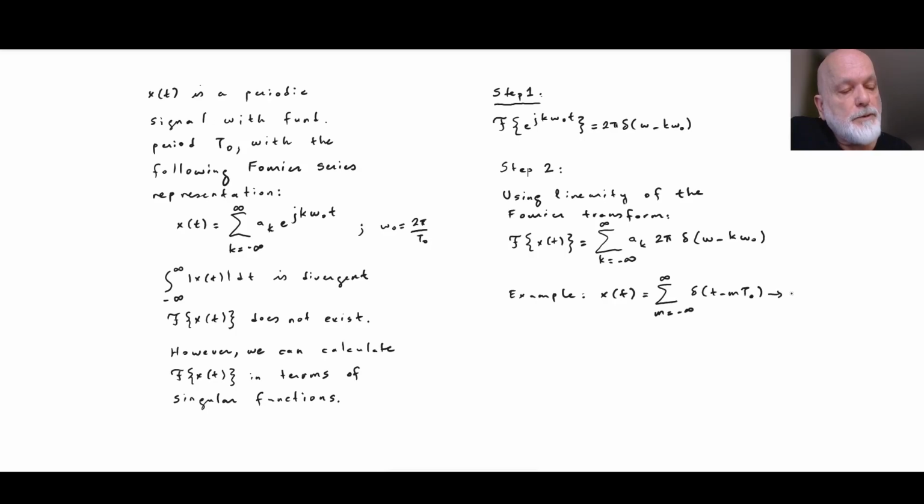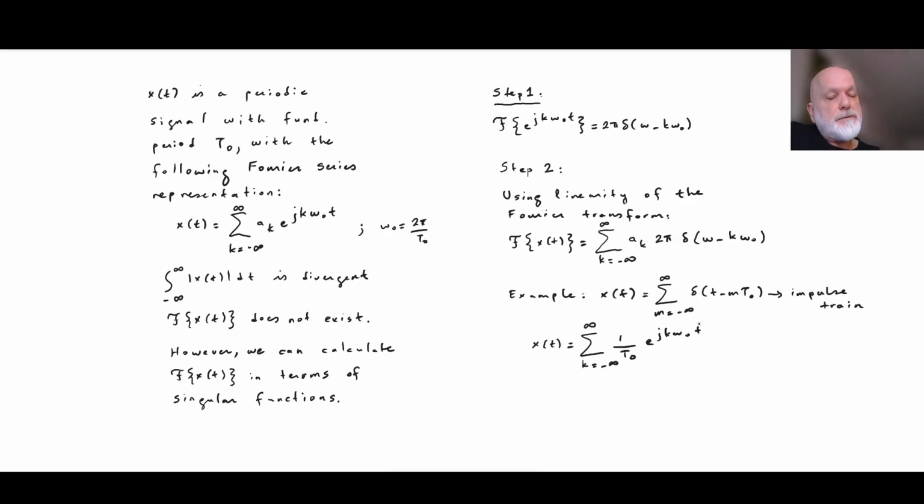So this is our impulse train signal. And we have calculated the Fourier series as x of t equal to the sum over k from minus infinity to plus infinity of 1 over T0 e to j k omega 0 t.